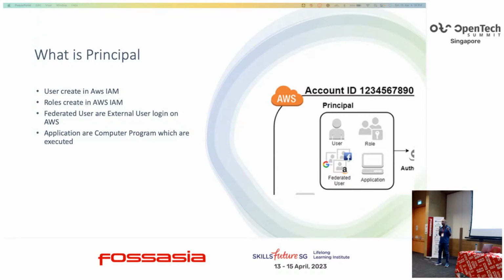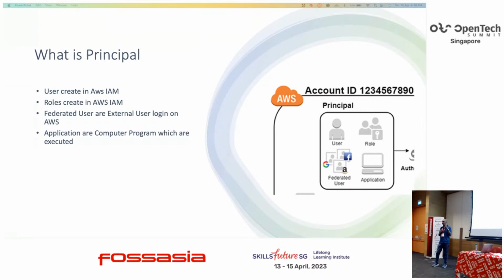We call them federated users. You can also have a requirement where your activity will be done by a certain application, for example a Lambda, that will be working on your behalf.